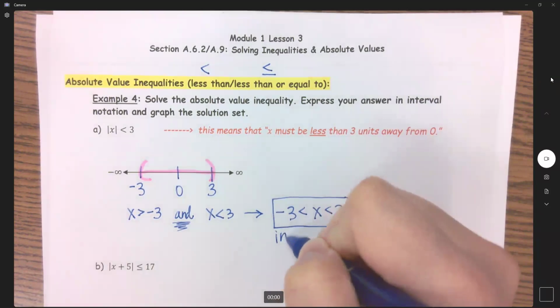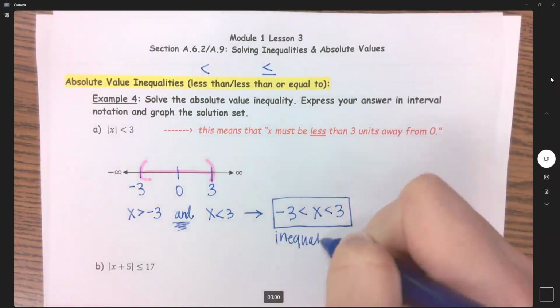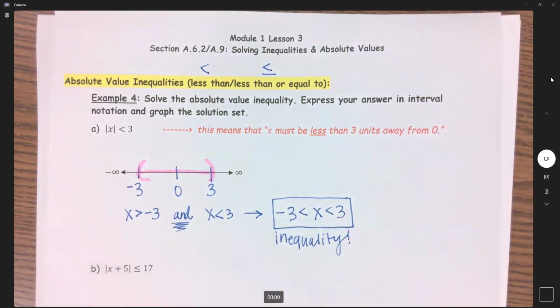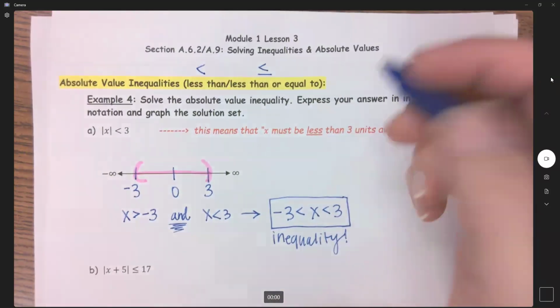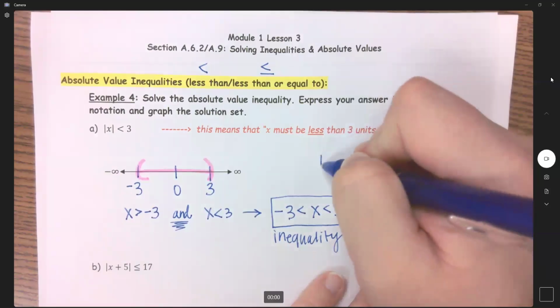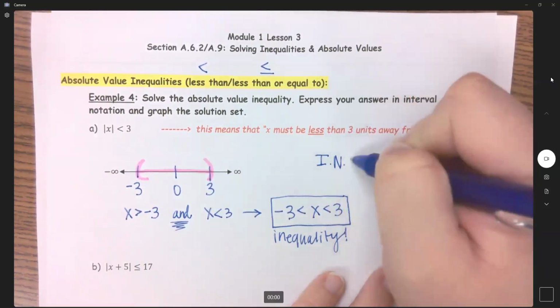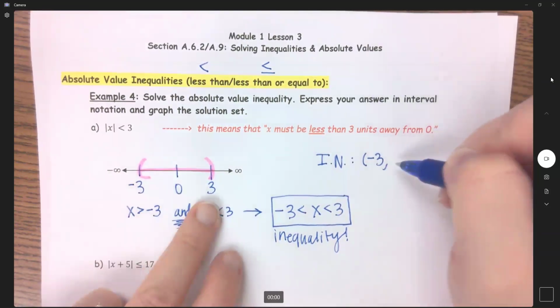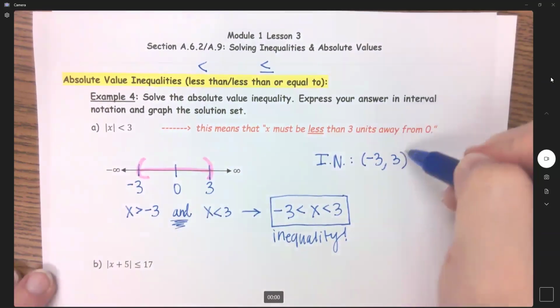So this is our inequality. Now to express this in interval notation, that's a little bit easier. We're talking parentheses, -3 to 3.